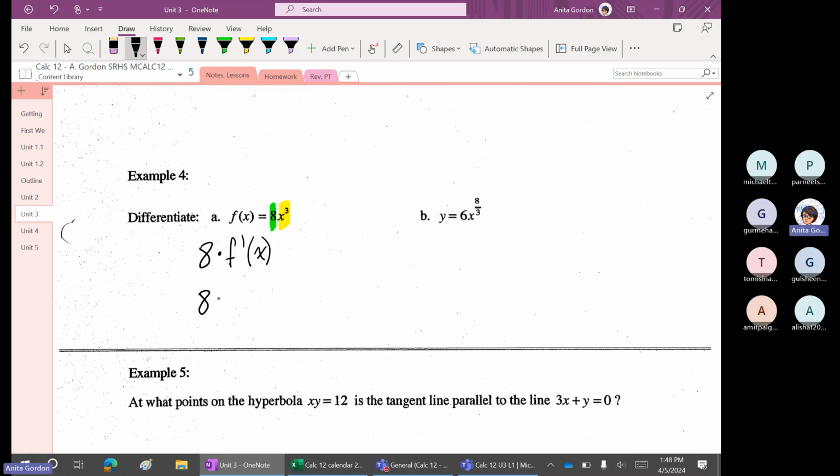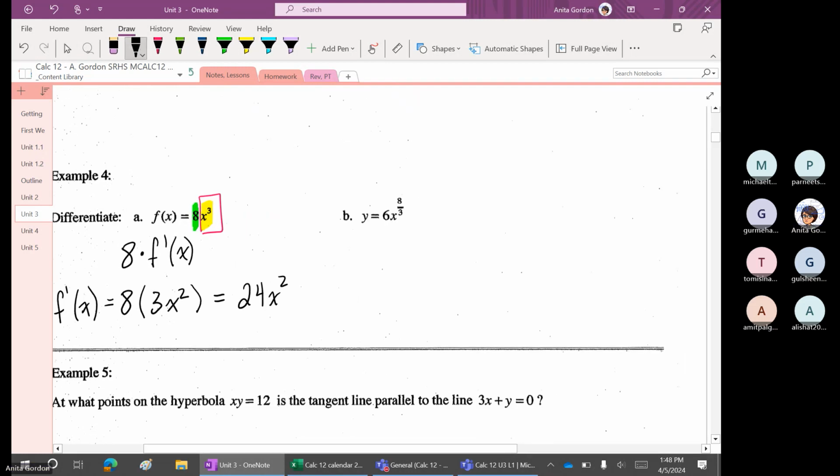So this will be 8 times, what is the derivative of just x cubed? 3x squared. So this simplifies to what? 24x squared, perfect. Okay, so it just multiplies the coefficient.